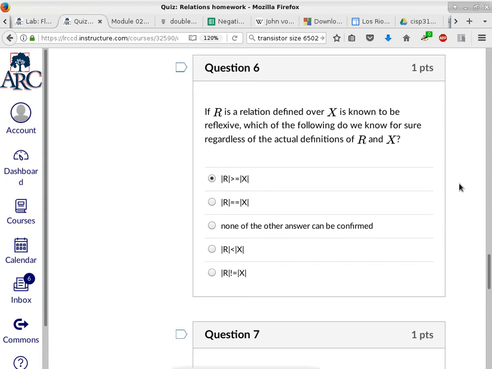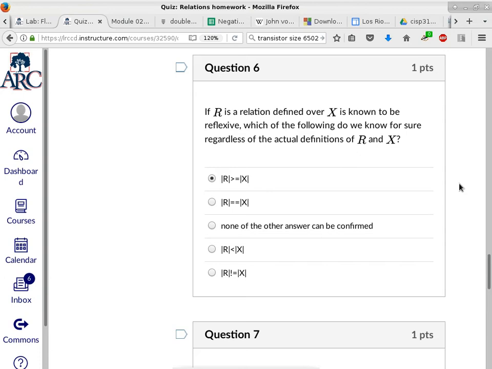Can you give an example of a relation that would be greater in cardinality than X? It's reflexive, but the relation R itself has a cardinality that's greater than the cardinality of X. If you take a subset of integers, like 1, 2, 3, 4, 5, greater than or equal to is going to be one of those.